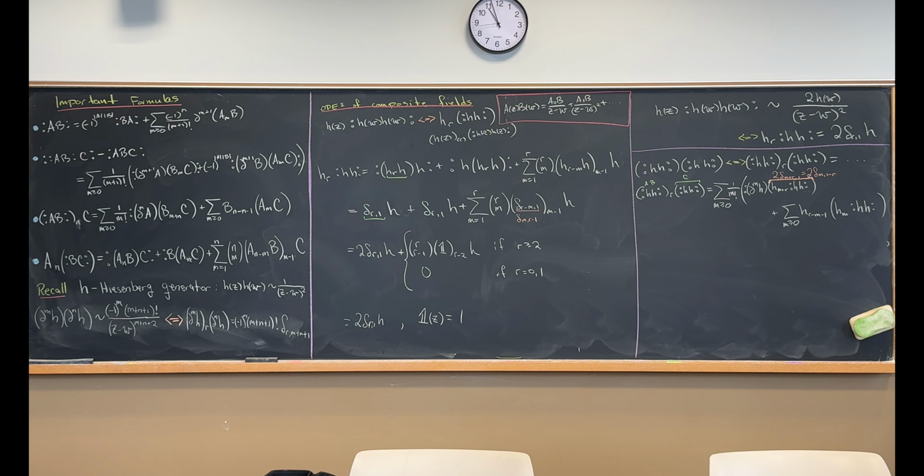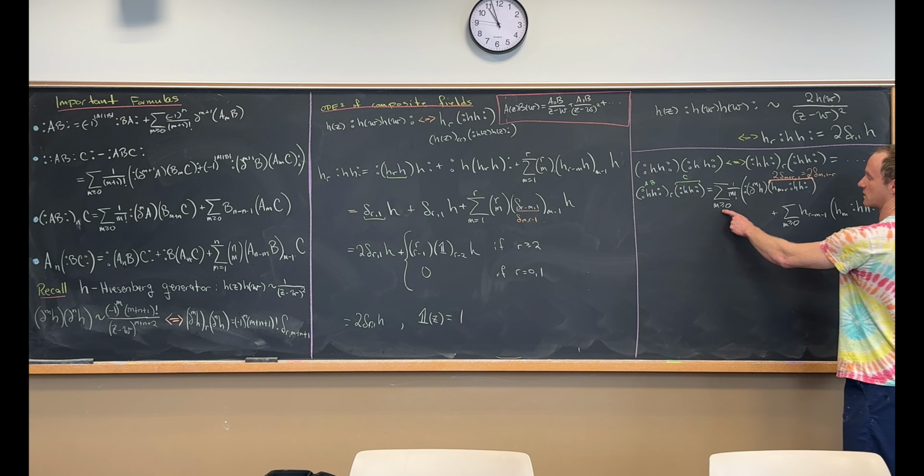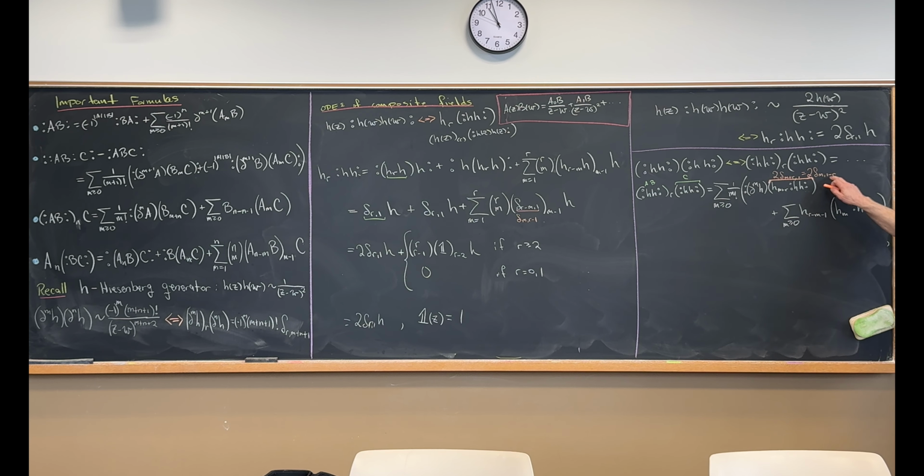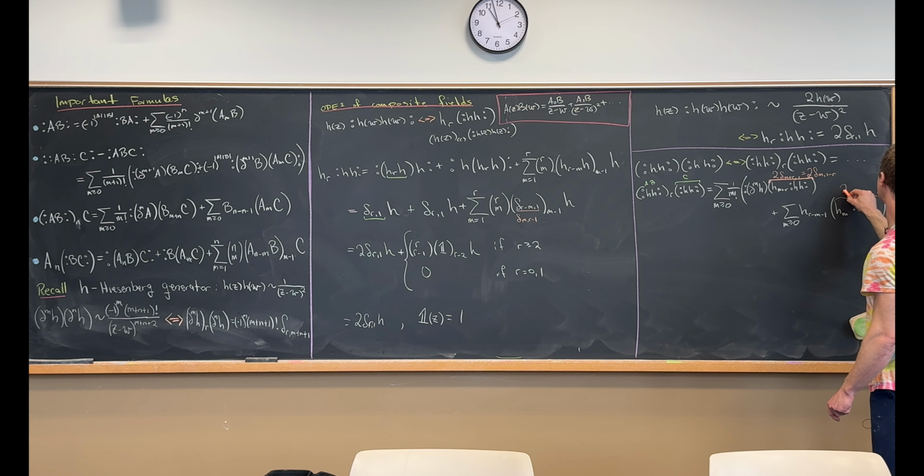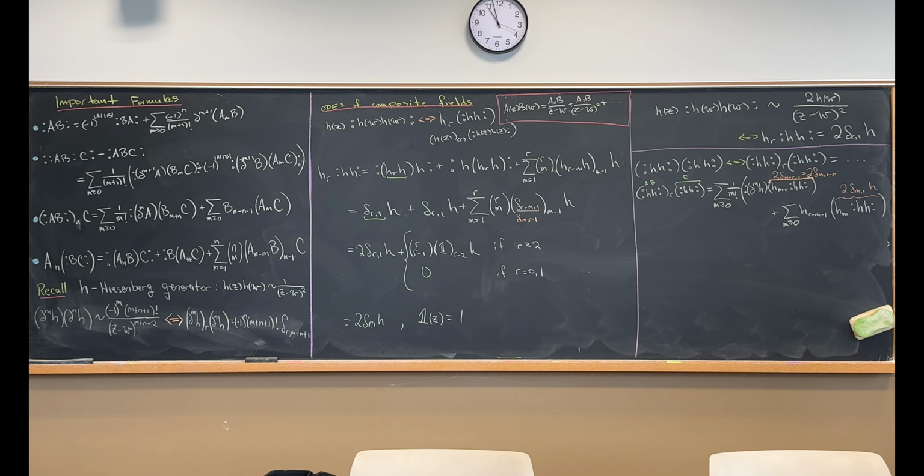But we're going to have to be careful because M is only running over 0 and bigger. So that means that this R is automatically only 0 or 1, right? Just keep that in mind. And then what is this? That is 2 delta M1 H. So that means from the first sum we get 2 terms, a 0th term and a first term.